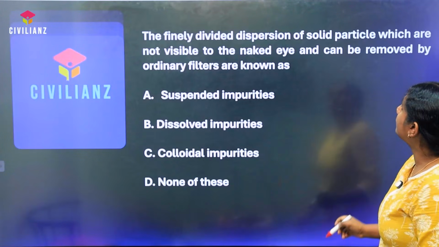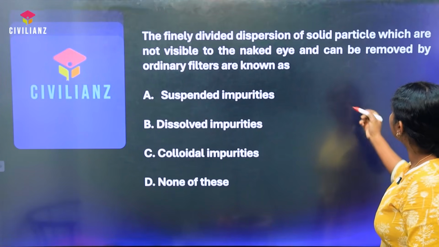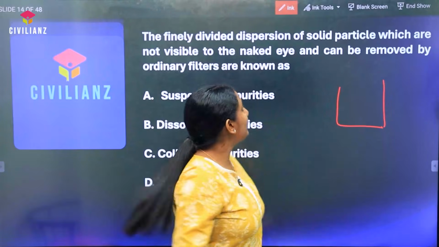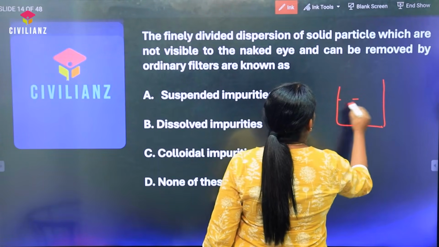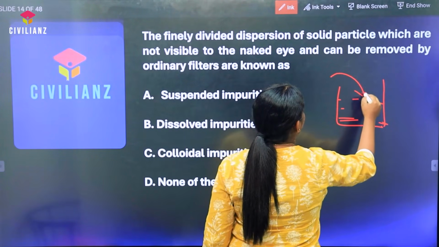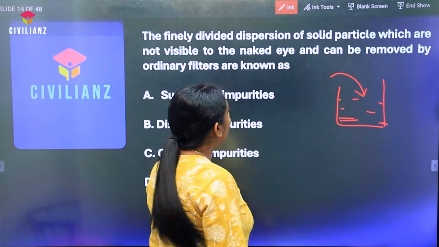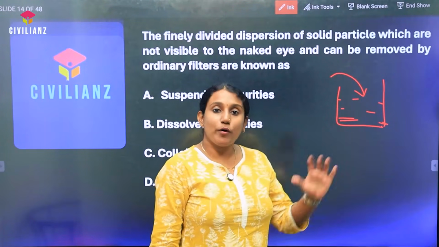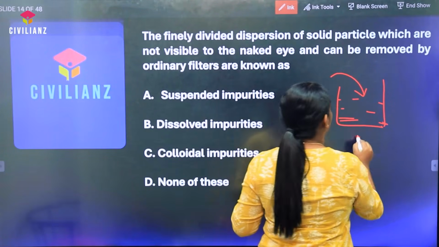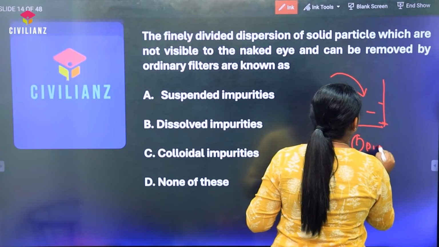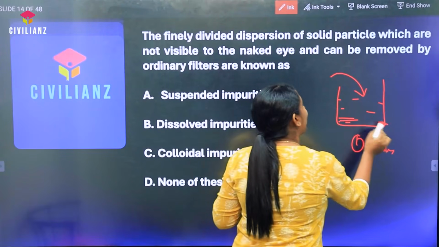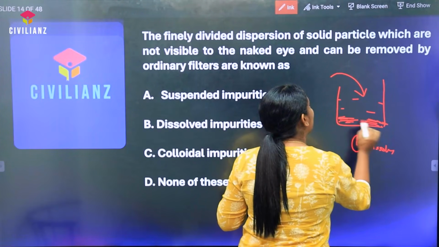You have to consider one beaker of water, anything. So we added a finely divided solid particle in this water. In the first case, some amount of particle is fully dissolved in this water, and some amount of particle is suspended in the bottom part.